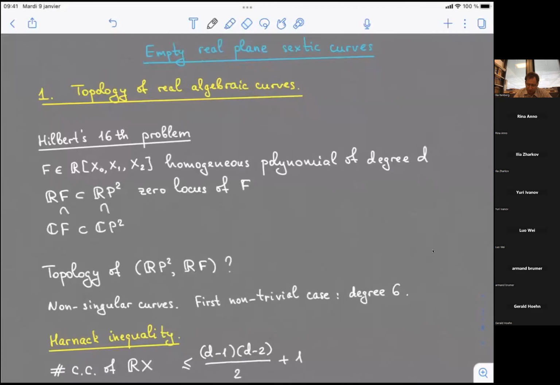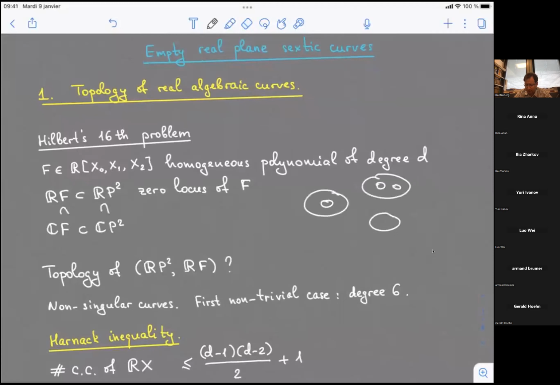So what does it mean, topology? Since we are speaking about a non-singular curve, this zero locus of our polynomial in the real projective plane is a collection of circles somehow embedded in RP2, and we can be interested in the topology of this real point set itself, or we can be interested, which is a much more interesting question, in the topology of this topological pair RP2, RF, so RP2 and the real point set of our curve.